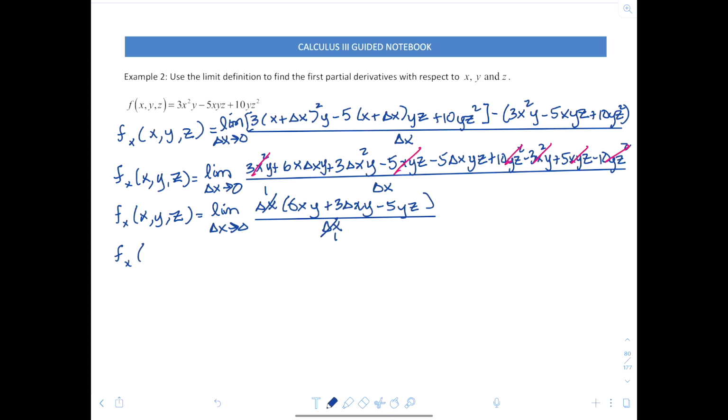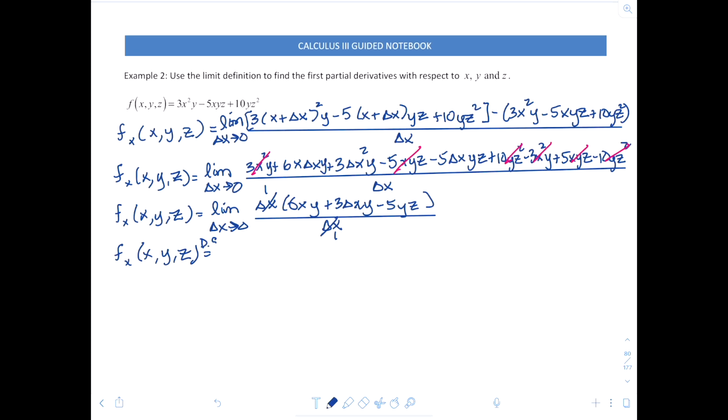So the delta x's will divide out to be 1, and with direct substitution, the first derivative of f of x, y, and z with respect to x will be equal to 6xy plus 3 times 0 times y minus 5 times y times z. So we're sending delta x to 0.